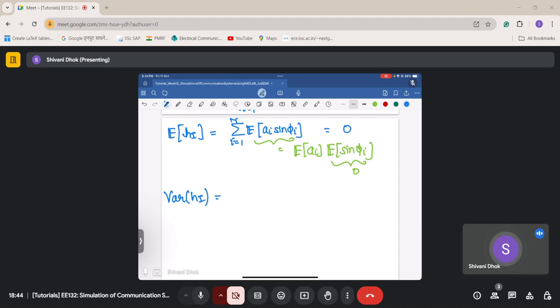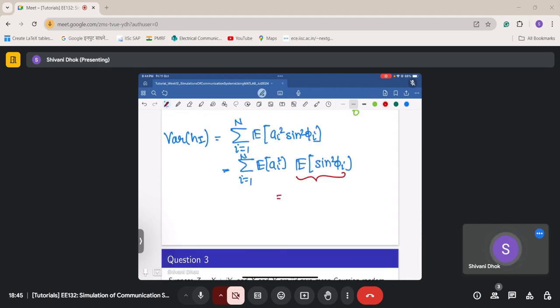So this comes out to be equal to the summation i equal to 1 to n of the expectation of A_i square times sin square phi_i. This is equal to the summation of the expectation of A_i square times the expectation of sin square phi_i.